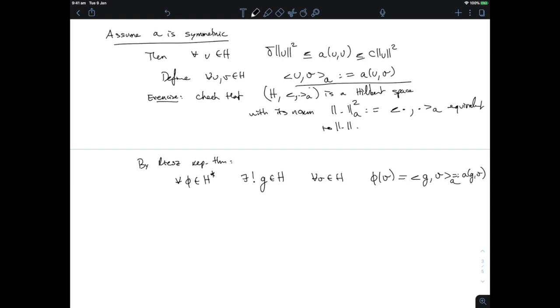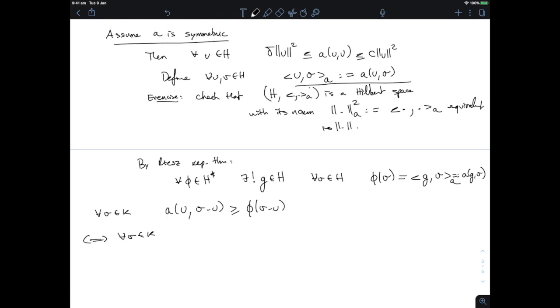And you'll see, by doing the exercise of course, that the fact that A is symmetric is important in proving that this is indeed an inner product. Okay, so now that I've rewritten phi of V as A of G, V, my condition, that for every V in K, A of U comma V minus U is greater or equal to phi of V minus U, takes a neat form in terms of the A inner product.